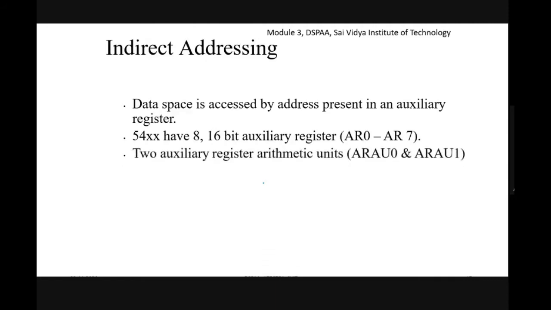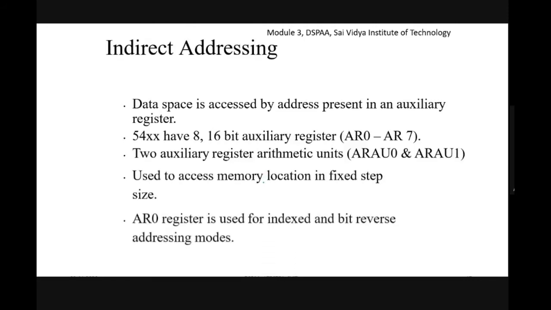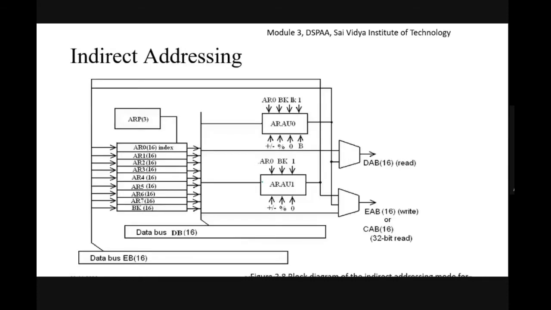Then the 2 auxiliary register arithmetic units, ARAU0 and ARAU1, are used to access memory locations in a fixed step size. AR0 is always used in indexed addressing mode, that is indirect index addressing, and also in bit reversed addressing mode.